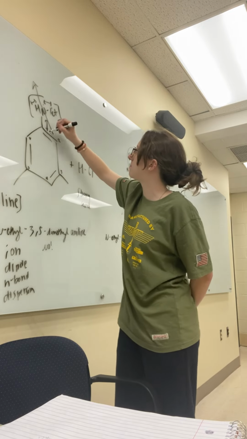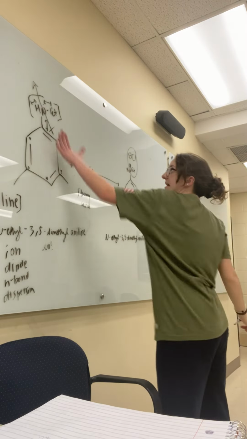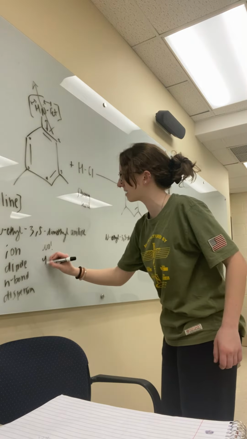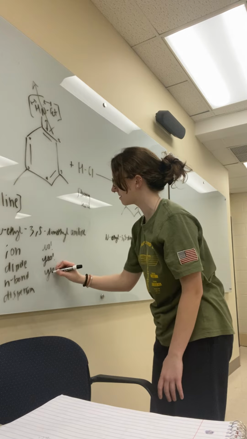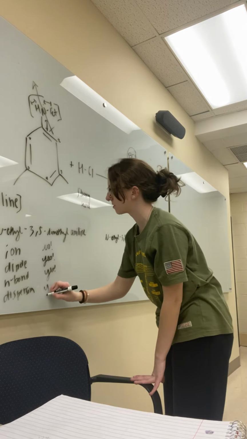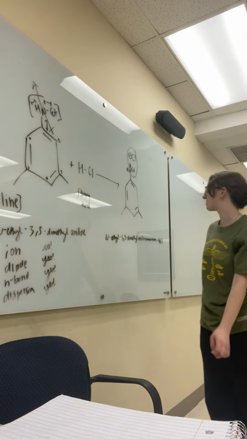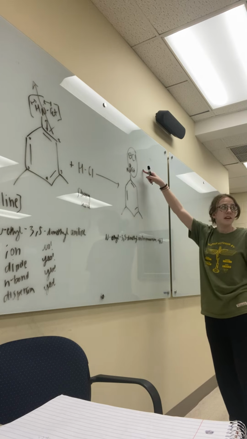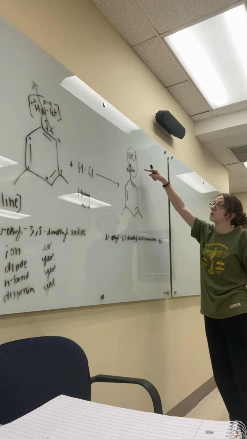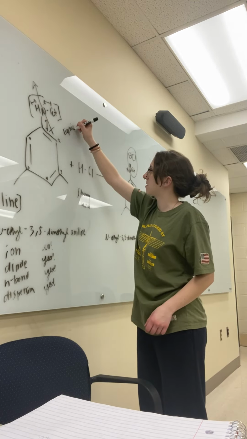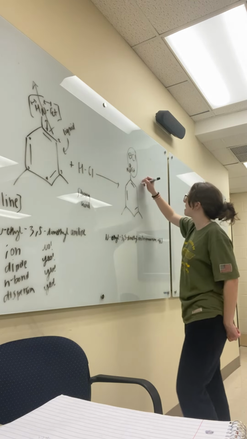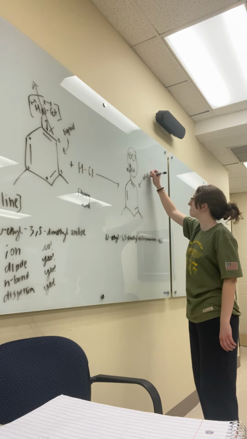So the overall molecular polarity is going out and away. So yes, it does have H bonding. Yes. And dispersion forces. Yes. This one is, again, super strong. This one probably exists as a liquid right here. And this one is going to be a solid.